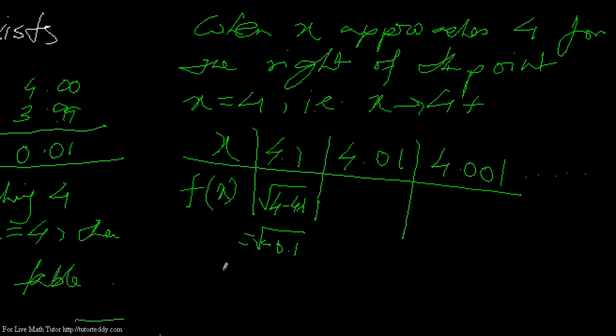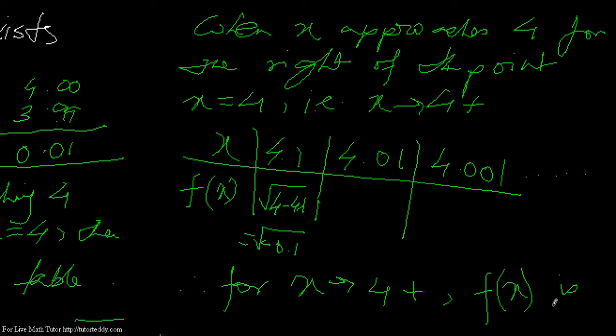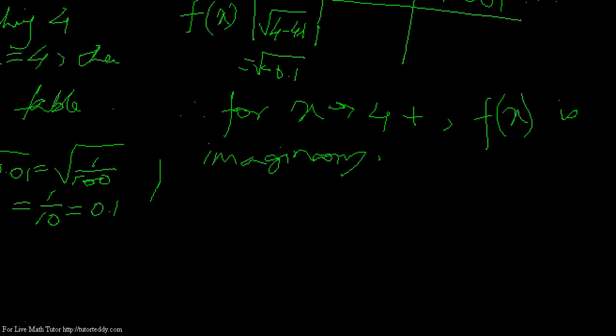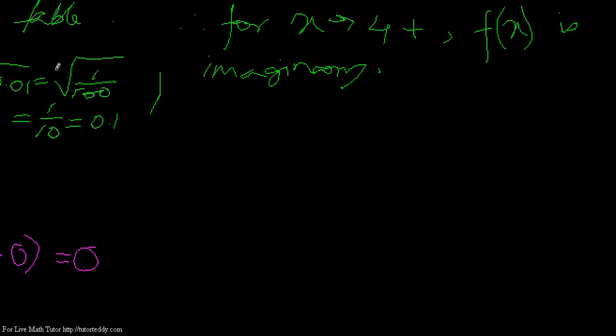So I am getting for x tends to 4 plus, f(x) is imaginary. That means I cannot find the values like I did in the earlier case. Hence we can say this function does not exist. Hence f(x) does not exist when x tends to 4 plus.